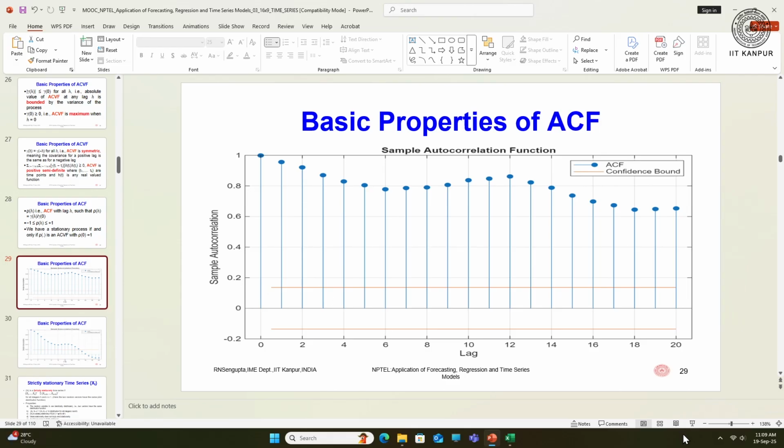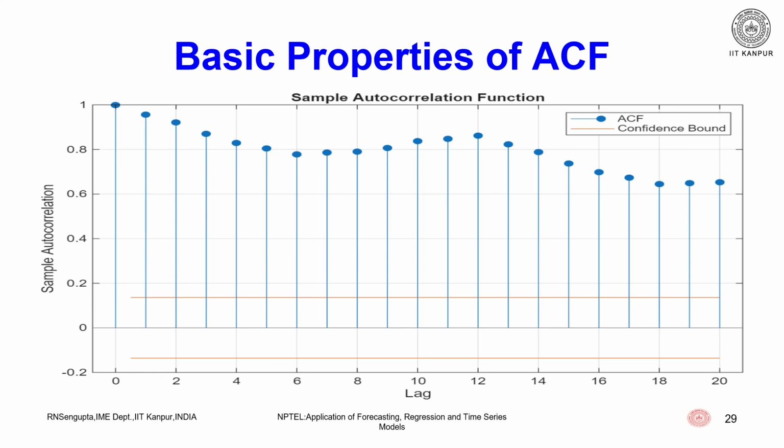Now, with that I will go back to the slide. Now, if you see, the first one is the sample autocorrelation function which we have plotted with ACF values with the lags along the x axis for the airline data.